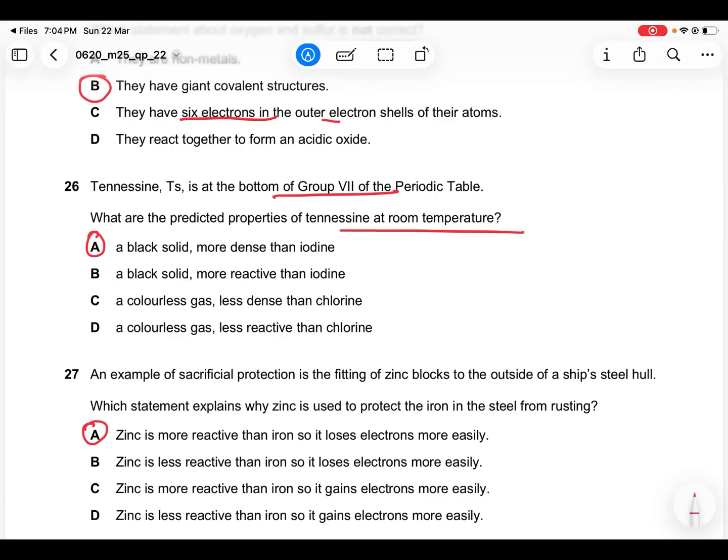For group 7 we have to remember that reactivity decreases down the group.